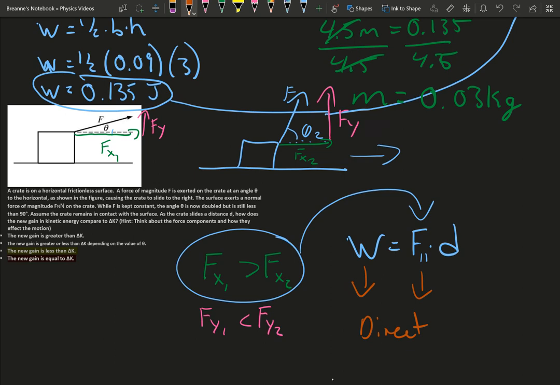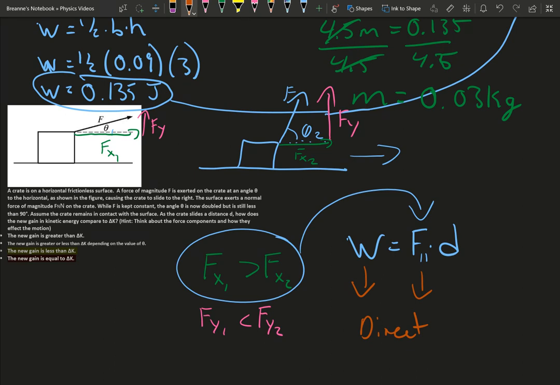So going from this one to this one, it's going to actually be less work in the x direction to pull the block up versus pulling it more straight. That's why we invented ramps and stuff.